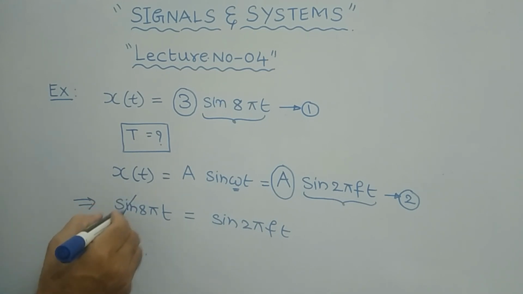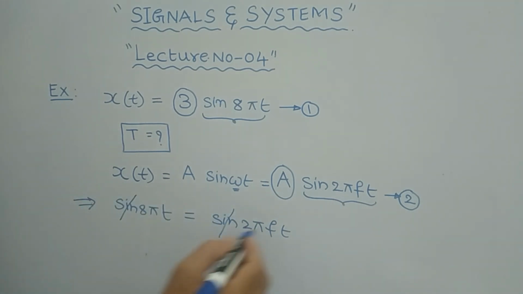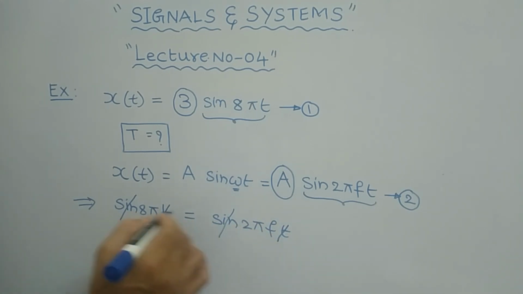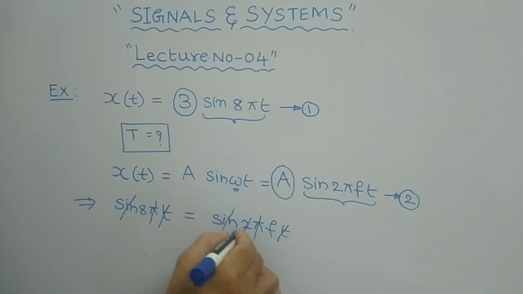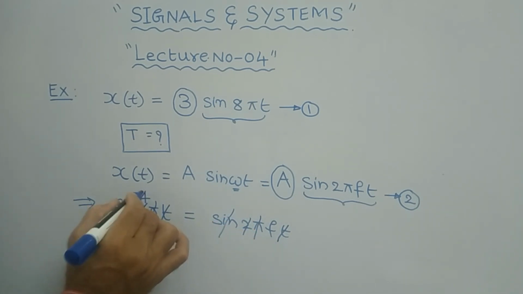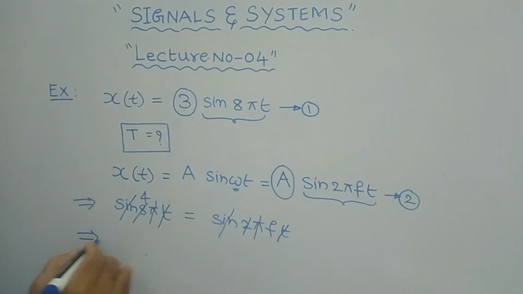So both sides sine will be cancelled, and t is also cancelled, pi is also cancelled. 2 fours are 8, so you will have 4 is equal to f, same as in the previous example.